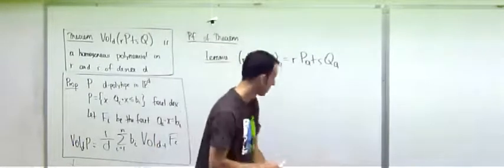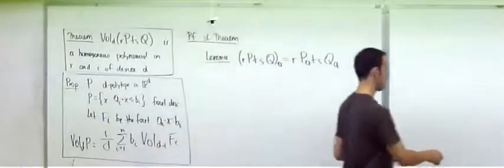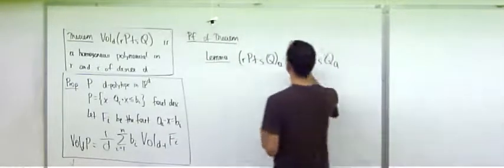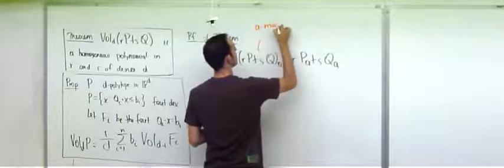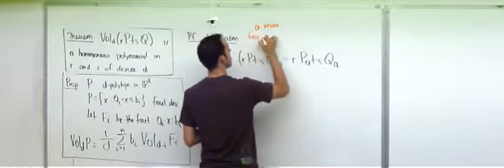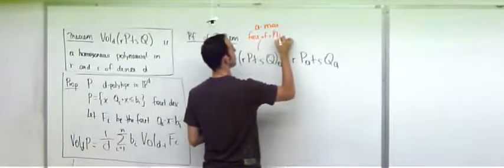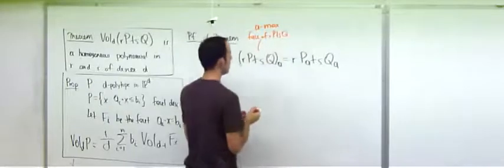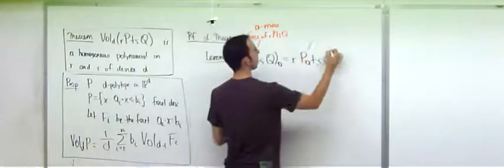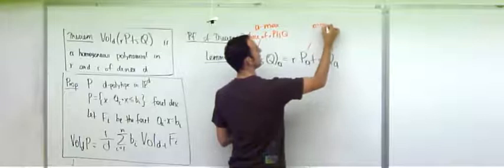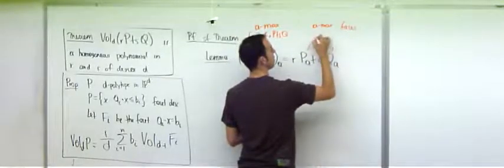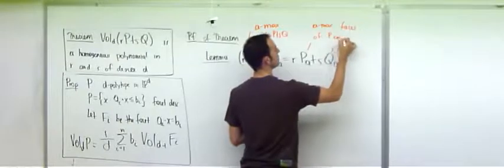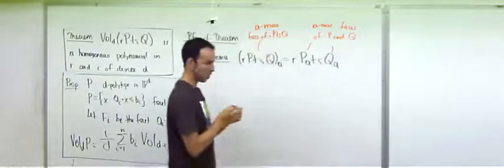Okay? So this is the A maximal face of rP plus SQ. And these are the A maximal faces of P and Q. Okay?